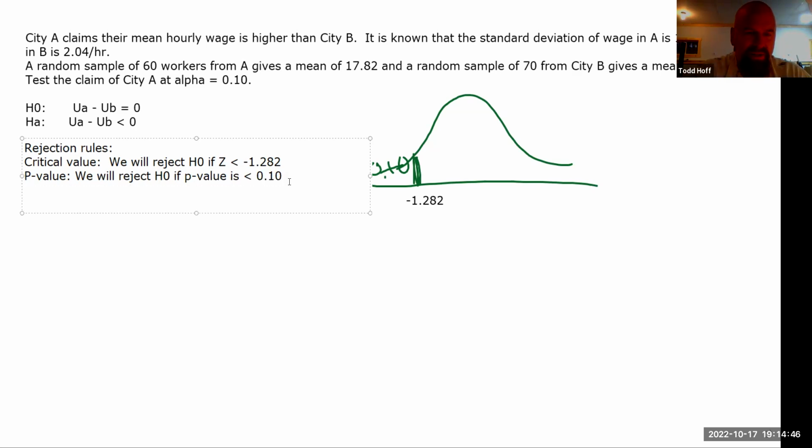So now let's calculate our test statistic here. We have z equals the difference between our sample means.